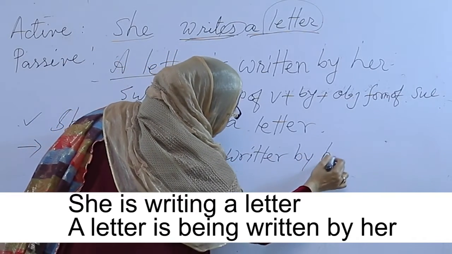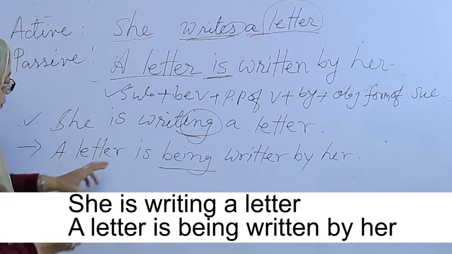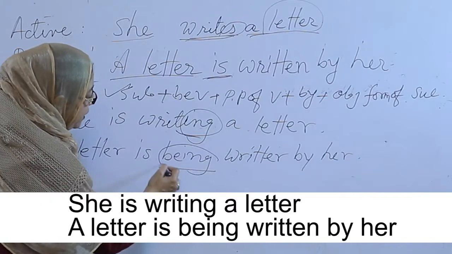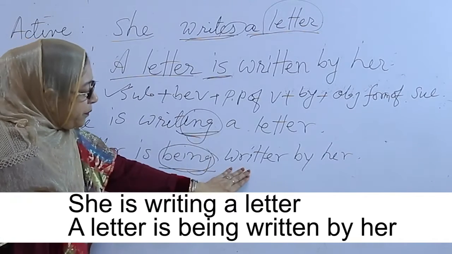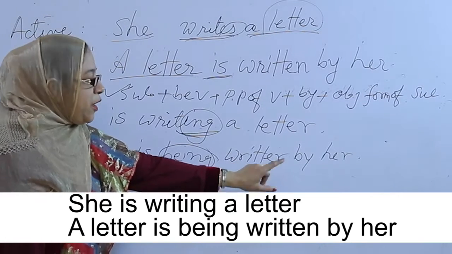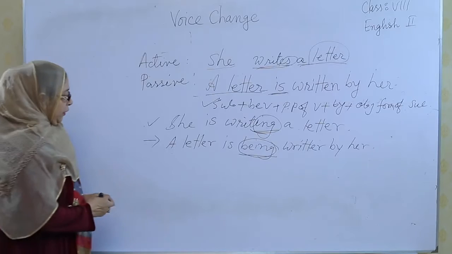So look at the structure: subject plus be verb, and we use being because it is a continuous form, and then the past participle form of the main verb plus by plus the objective form of the subject.